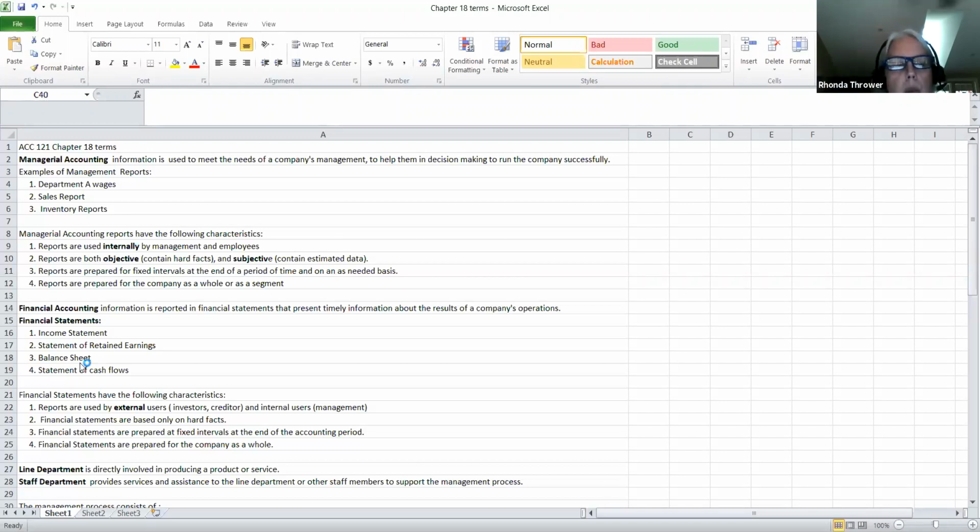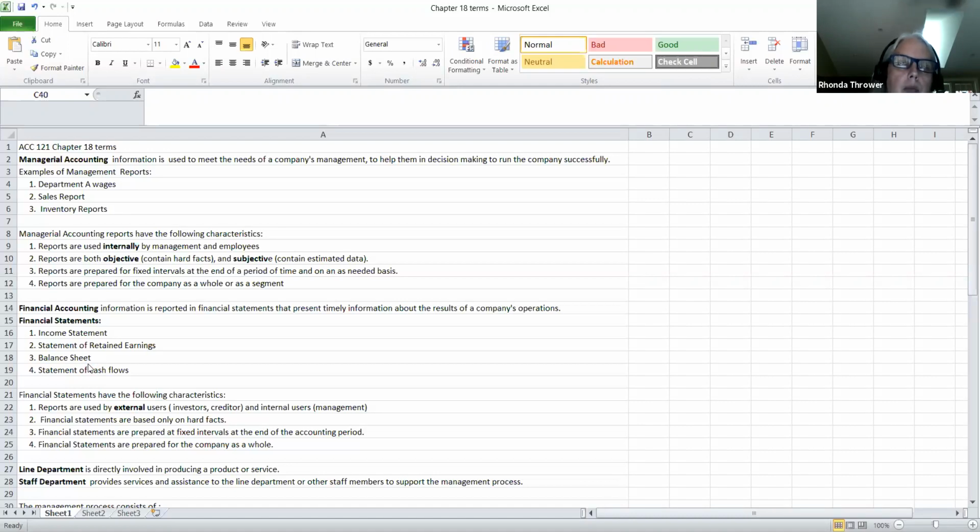If we are reporting for a partnership form of business, which also is discussed in ACC 122 in the summer, the balance sheet owner's equity would consist of two separate owner's equity accounts or more, depending on how many partners a partnership would have.